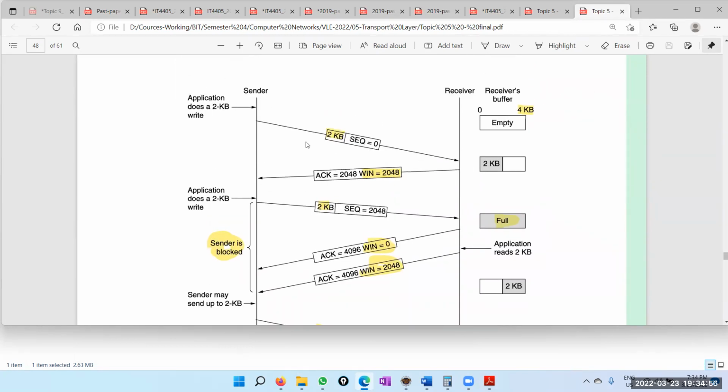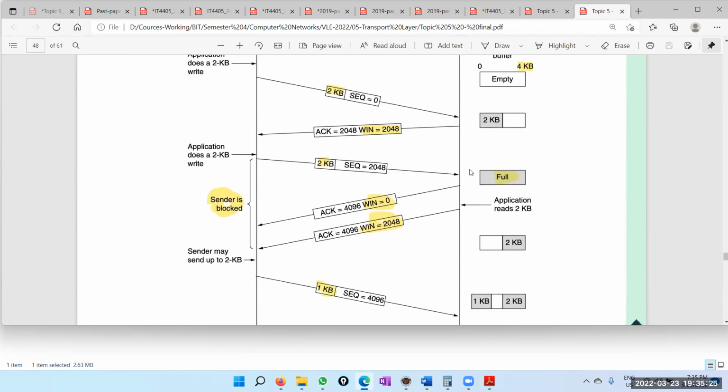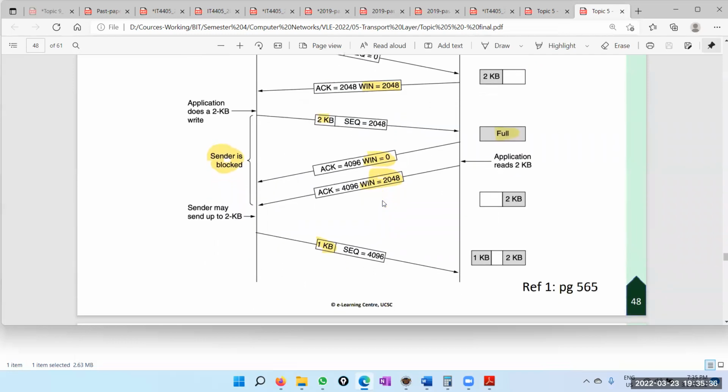But now when the first 2 kilobytes are sent, the acknowledgement says, okay, we have 2048 remaining, because altogether they have 4 kilobytes, which is 1024 times 4. But now they have received 2 kilobytes, therefore they are saying we have 2048 remaining. Now it is sending another 2 kilobytes. Now it is saying that our buffer is full. Okay. So then it has to wait.